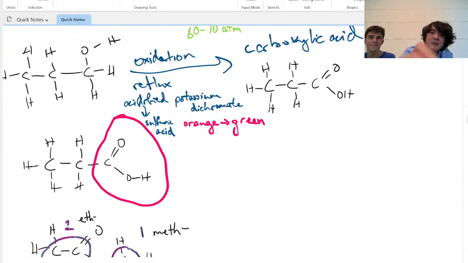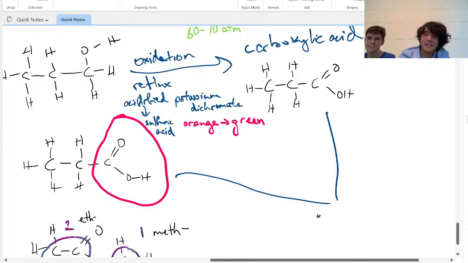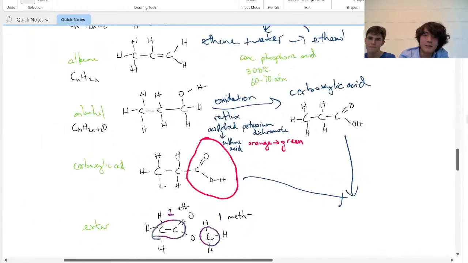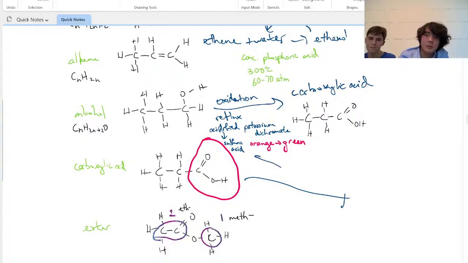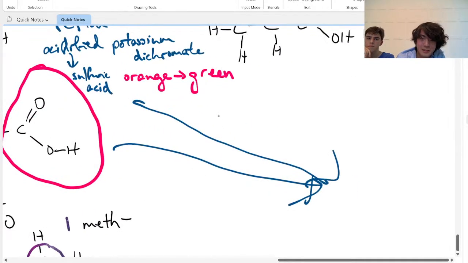Right, next one. Ester. A carboxylic acid and an alcohol combine together to make an ester.